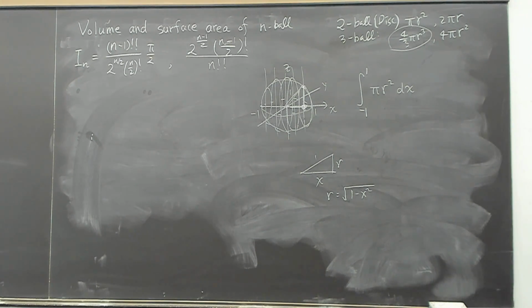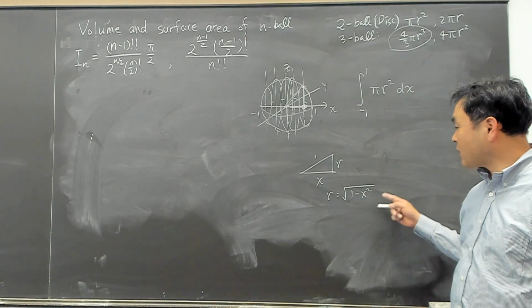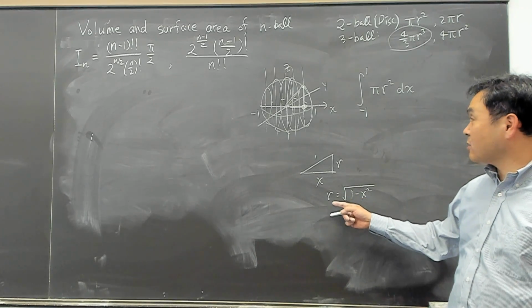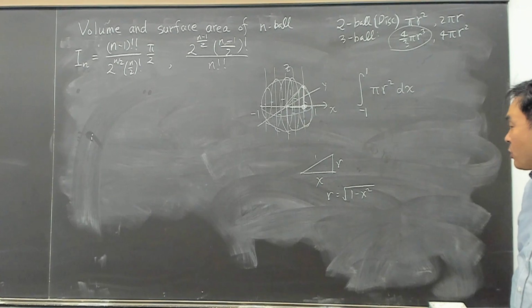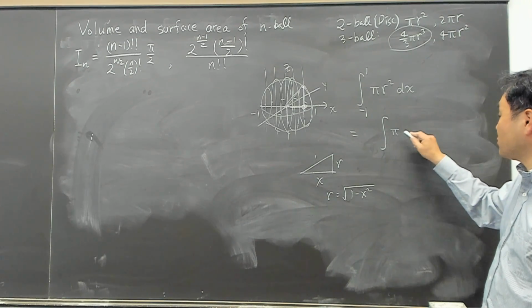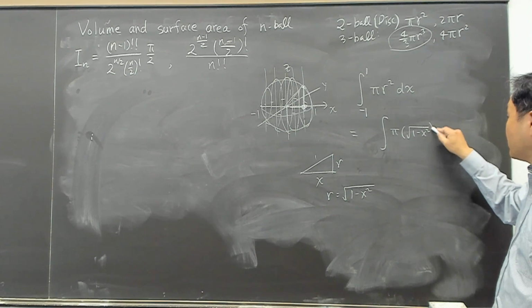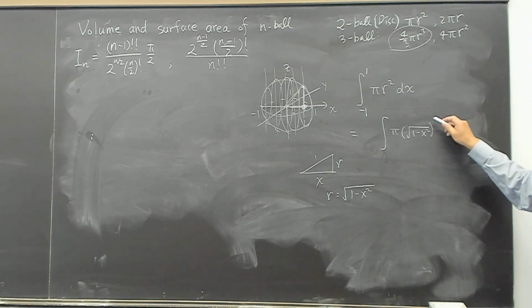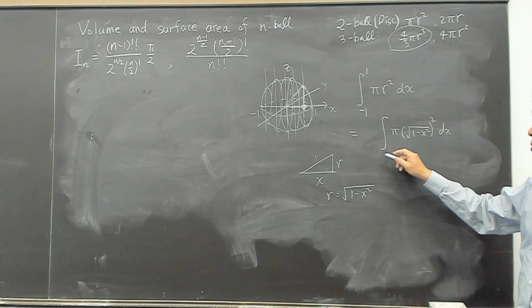And this is true in any dimension. So it will always turn out that the radius of the cross-section ball will always be square root of 1 minus x squared. So you can rewrite this as pi times square root of 1 minus x squared, and then you take the square, you integrate, and you integrate from negative 1 to 1.